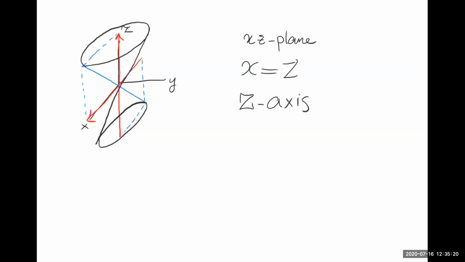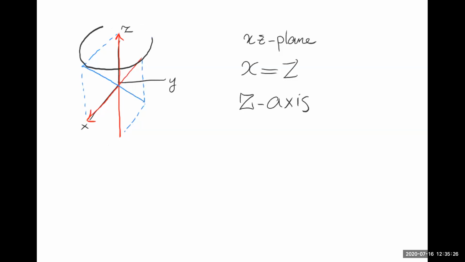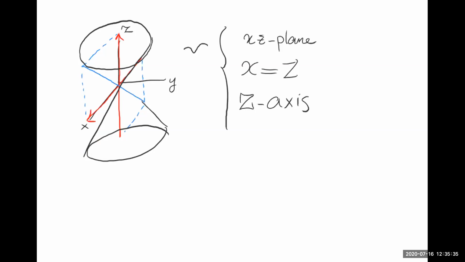If we rotate, it would look more like a circle. Better to draw it like this. And it would look like this. That would be the result of revolving this function along the z-axis.